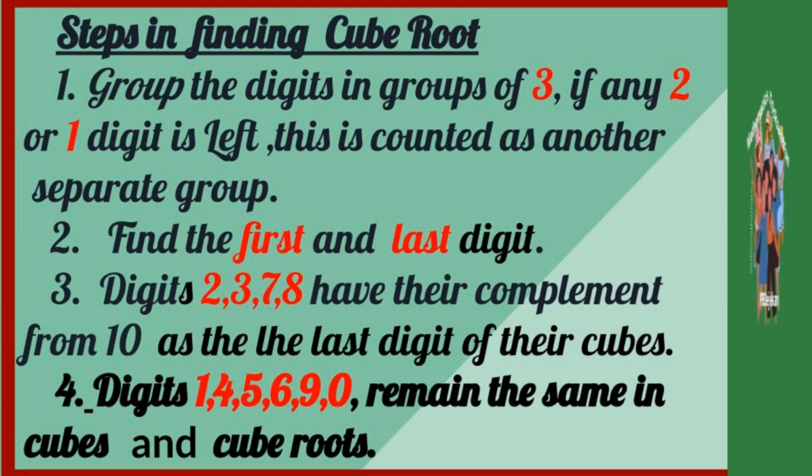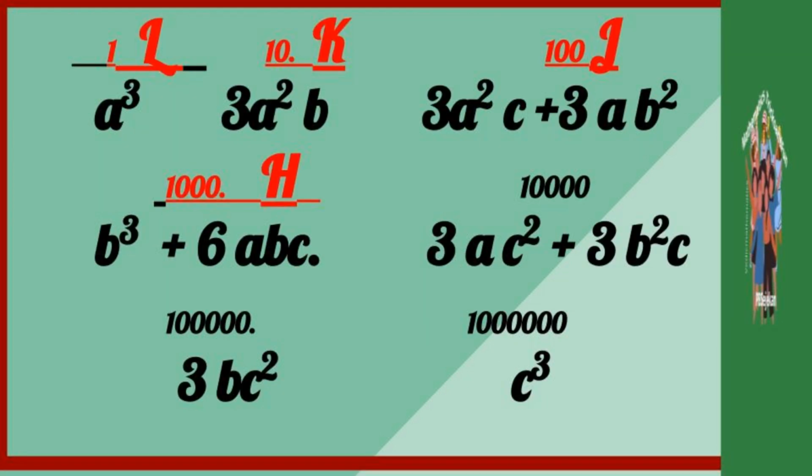This is the algebraic explanation. We'll have to use this in deriving the cube roots of bigger numbers. A is taken as the unit digit here for calculation. A cubed, 3a squared b, 3ab squared plus 3a squared c, b cubed plus 3abc plus 3ac squared, and so on.